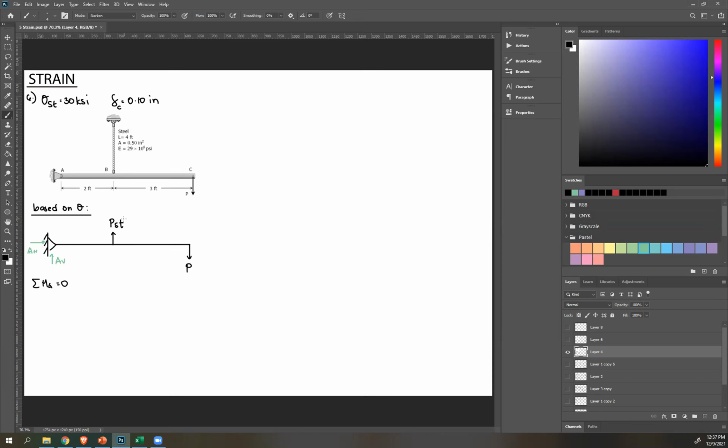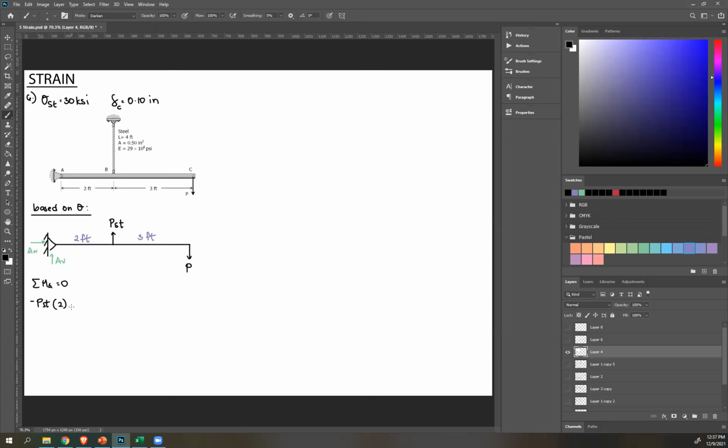And then let's solve. Let's start with PST, rotate about A, that's counterclockwise, so negative PST. And then let's include these distances. This is 2 feet, this is 3 feet. And then that's perpendicular distance to A, it's 2. Next, let's have P, rotate.